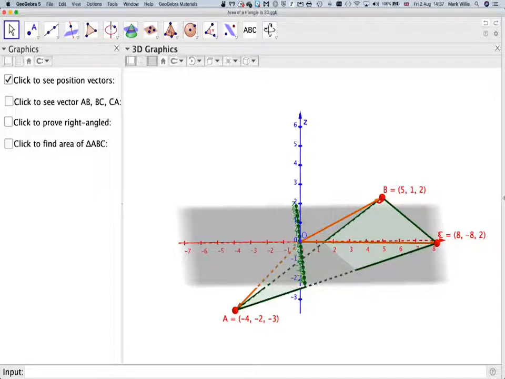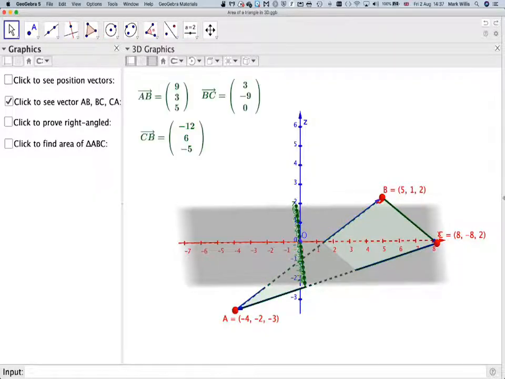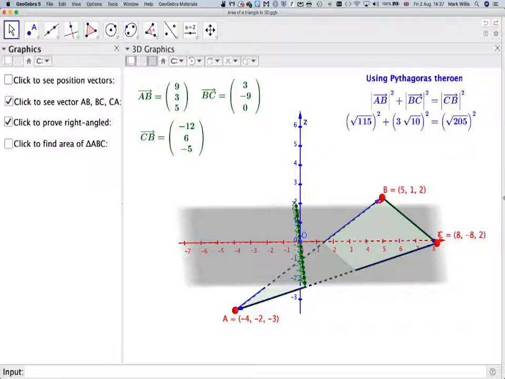Now to see that it's right angled, we'll need to find AB, BC, CA first of all, and then we will need to see that it obeys some form of Pythagoras' theorem by finding the length of each vector. This is what this symbol means. The length of AB squared plus the length of BC squared will have to be equal to the length of CA squared, i.e. Pythagoras' theorem.